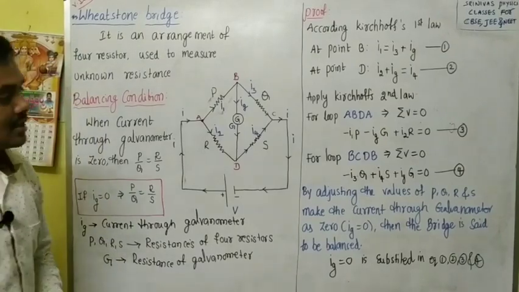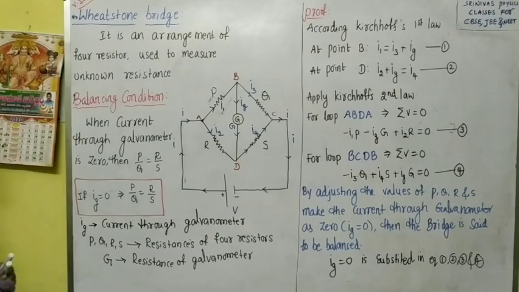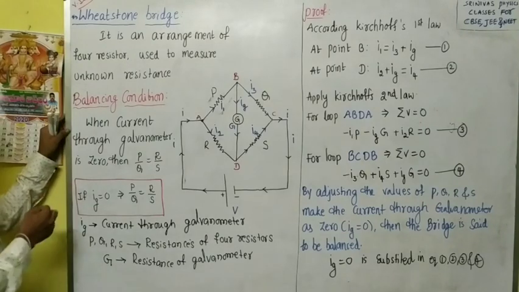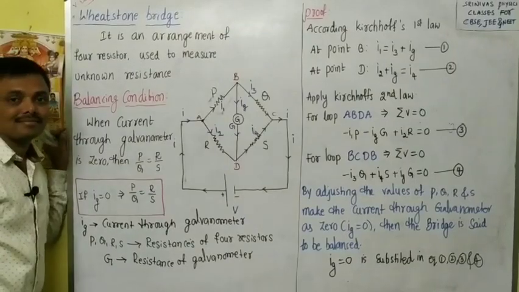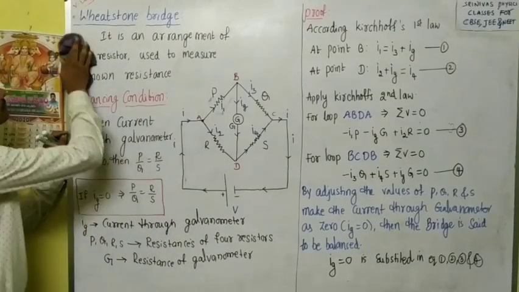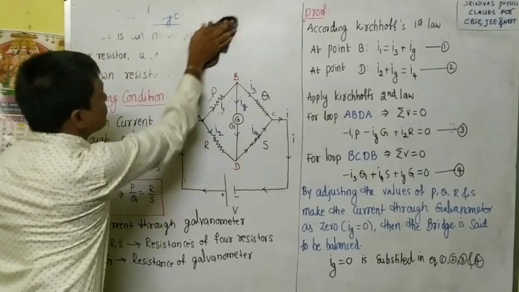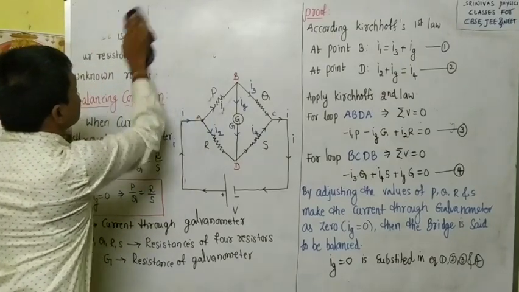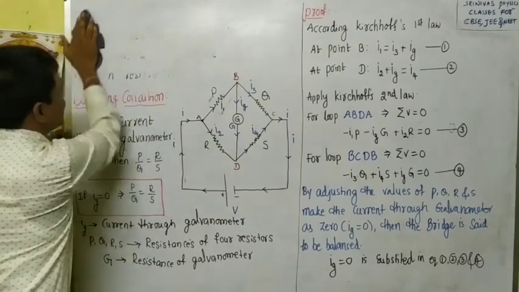And now let us see. If you know Kirchhoff's laws, then you will get this answer. Okay, I am going to rub it. What do you get in equation 1 if you substitute Ig as 0?